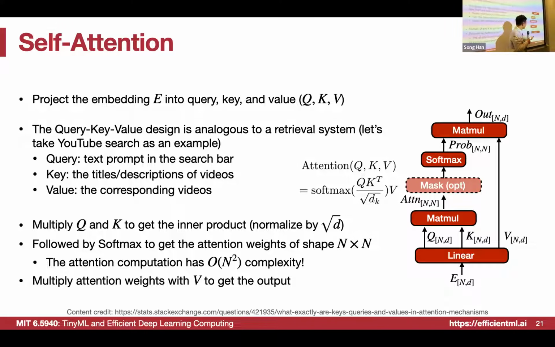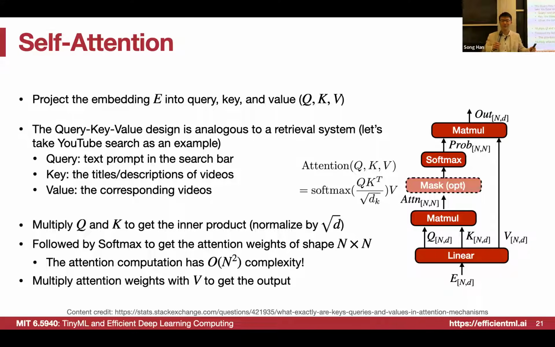So here we have the word embedding, and we project it into 3 matrices, Q, K, V, turning the number of tokens by the given dimension into 3 separate matrices of the same size. So this query-key-value design is analogous to what? A retrieval system. You can take YouTube search as an example.